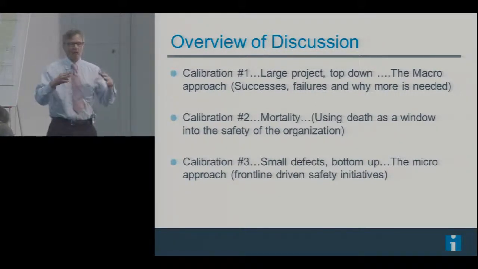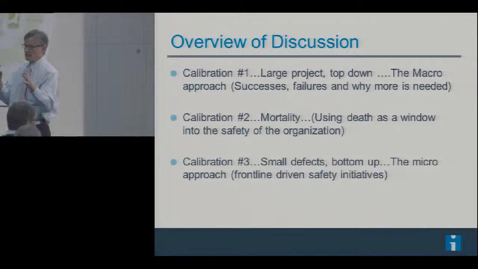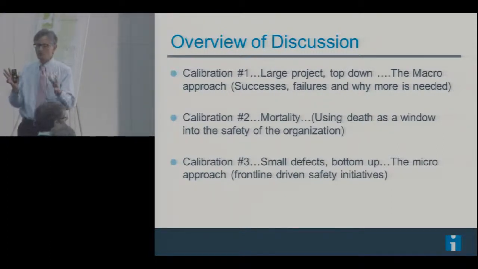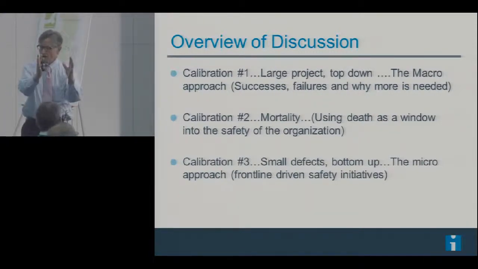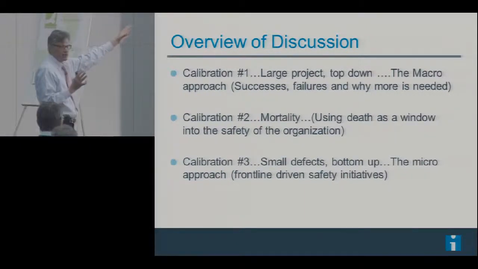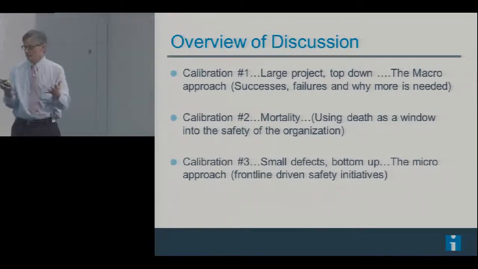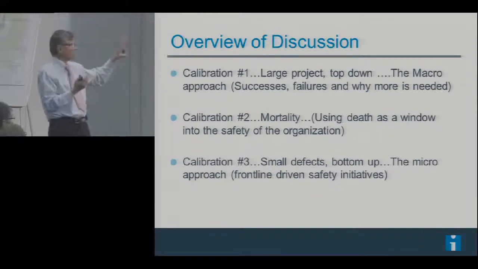It's a macro approach to safety. Now, this is necessary but not sufficient to actually move the burden of harm in your organization. So, we've had successes, we've had failures, but there's more that's needed. There's obvious more that's needed, and let's share that.